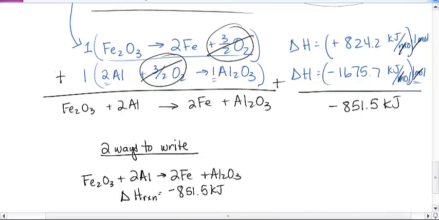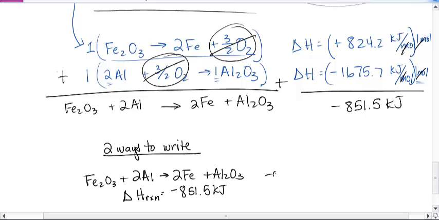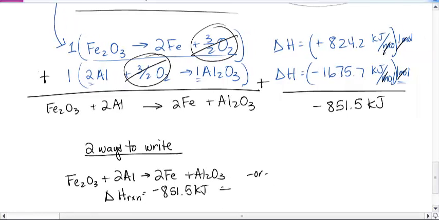So another way to write that. Or I could write this by interpreting this number in context of the chemical equation. So I could interpret as delta H for that reaction is negative 851.5 kilojoules per 1 mole of Al2O3.